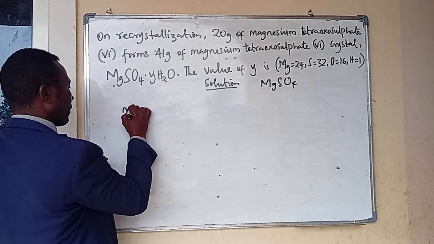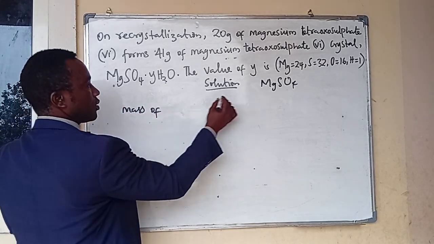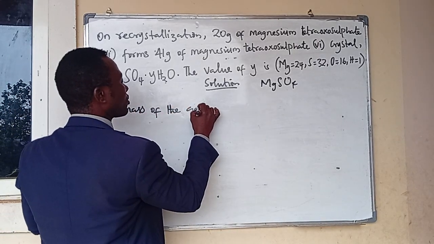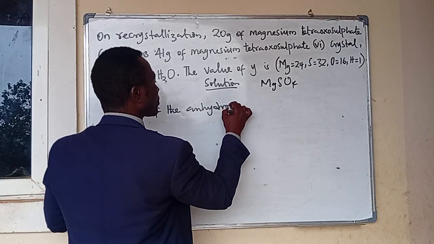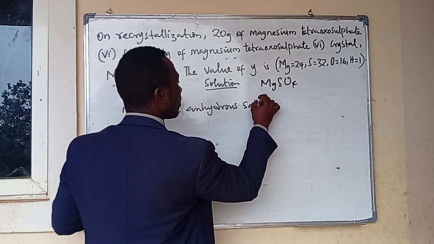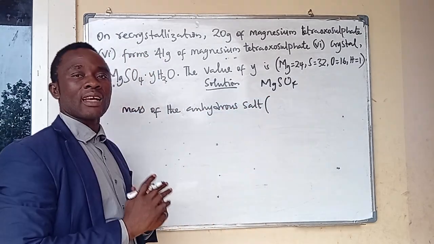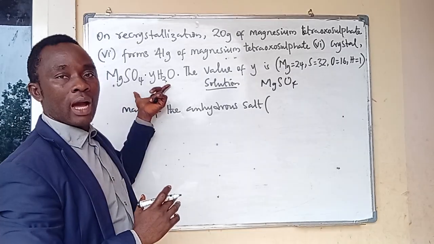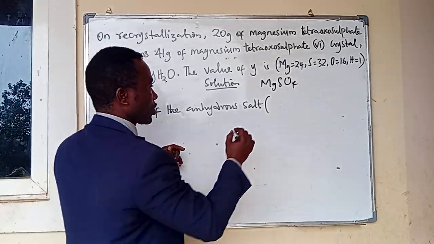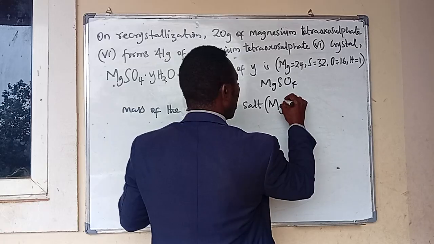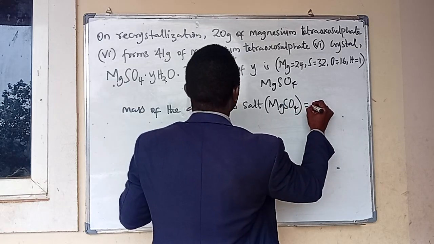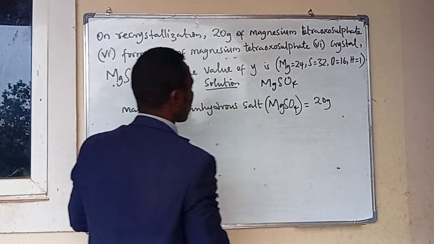So the mass of the anhydrous salt, that is when it has not crystallized to carry water of crystallization, it is MgSO4. The mass was 20 grams.